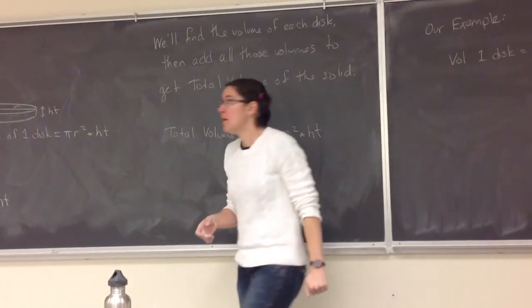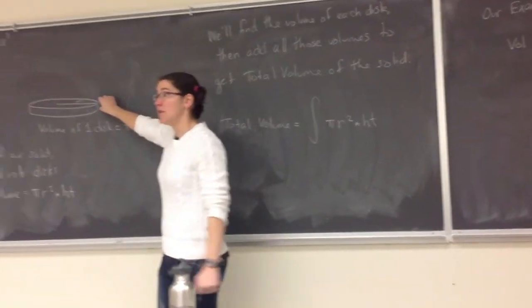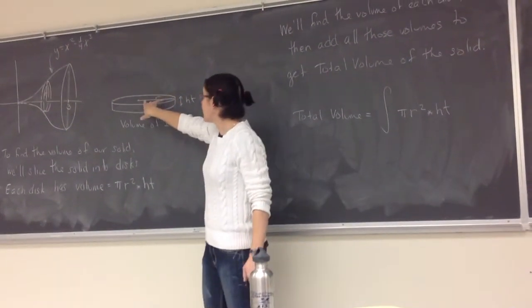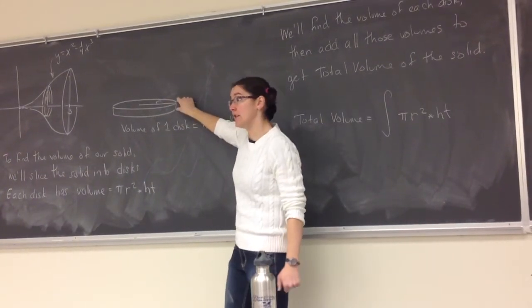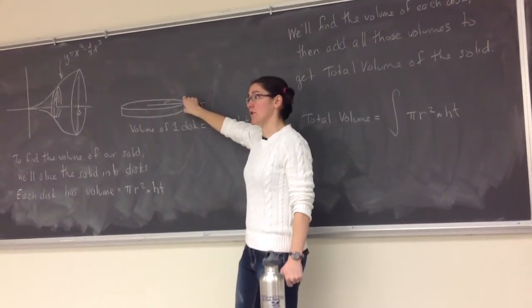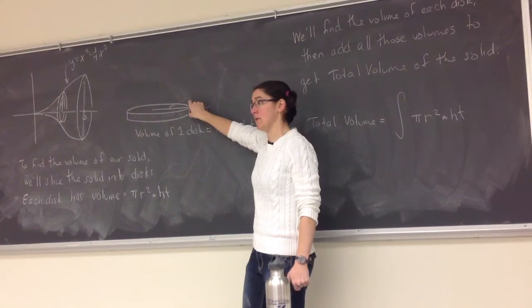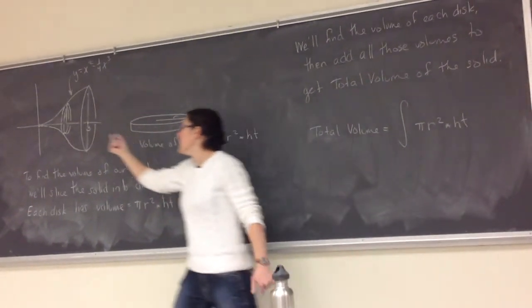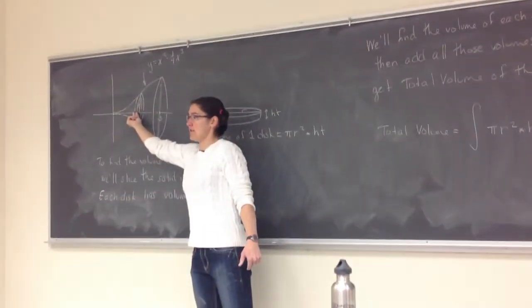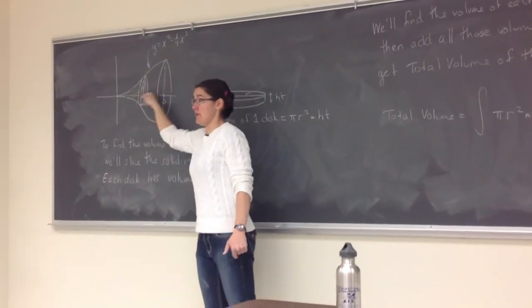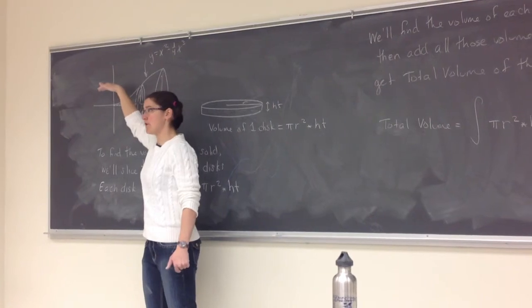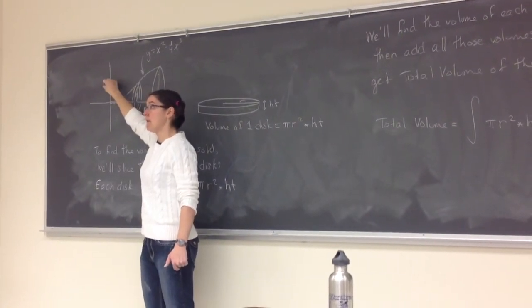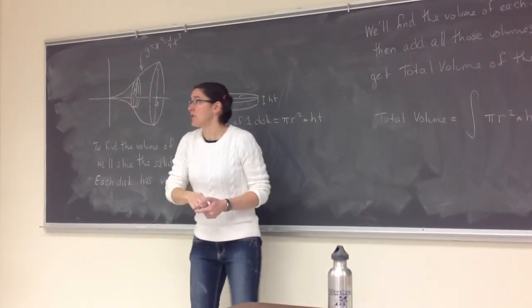What you want to be careful about is that r is actually this length here, and the height or the thickness is perpendicular to r, and so it really is a different variable for us. In this case, that distance is a little bit in the direction of the x-axis. Eventually, we're going to see disks that we're slicing in the opposite direction, in which case we'll have a dy. But yes, it is perpendicular to r.